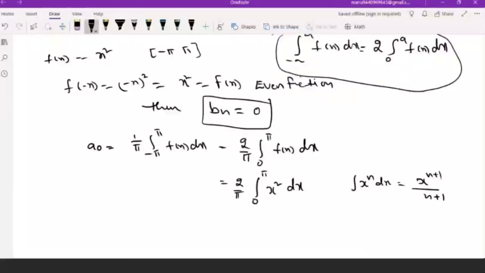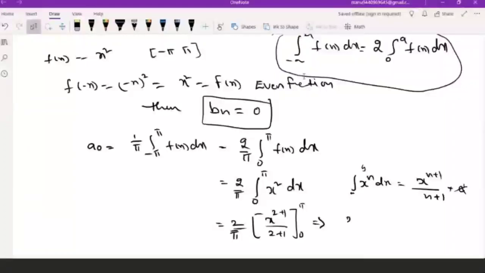This is a definite integral, so there is no need to write the constant. If you have limits a and b, there is no need to write the constant here. That is 2 by pi times x to the power 2 plus 1 by 2 plus 1, upper limit pi, lower limit 0.